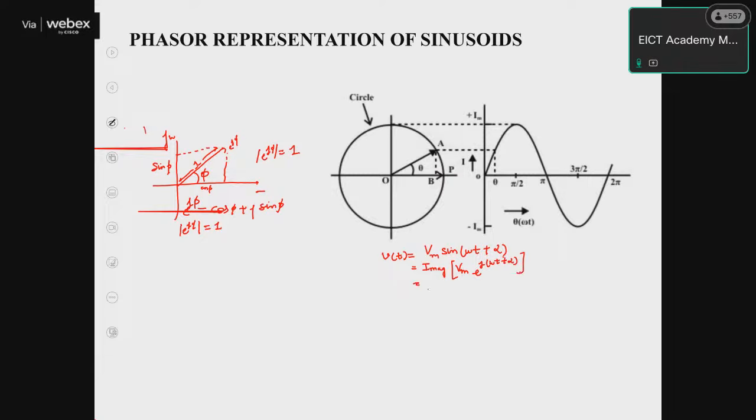And if I expand this, it can be written Vm e raised to the power j omega t into e raised to the power j alpha.